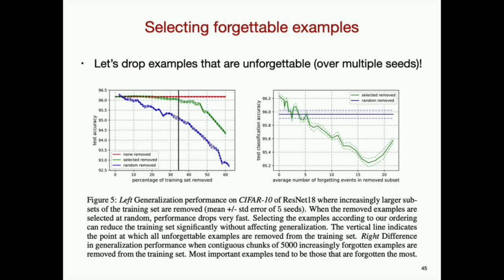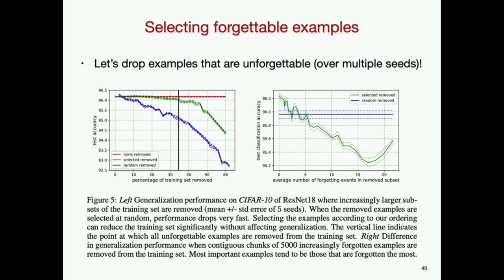Blue is training on random subsets. Size is on the x-axis. From big to small, we randomly discard examples. That is the blue line performance. And if you keep the most forgettable examples and discard the least forgettable examples, for example, the ones the network learns and never forgets during the training, you can discard almost 30% of your data without losing accuracy at all.